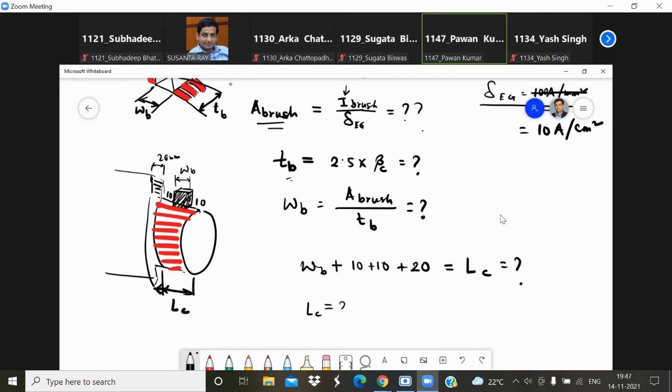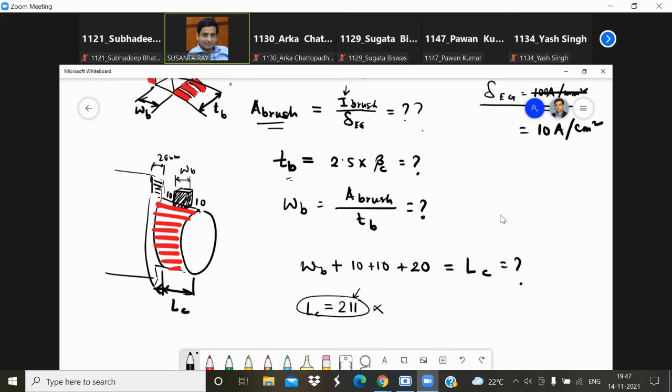211.43 mm. No, it is quite large. You have to manage in a different way. We can't allow it like this. What is the percentage of this length with the overall length?